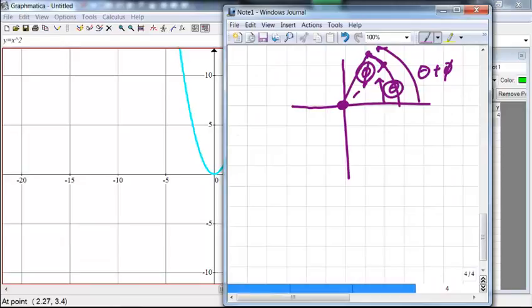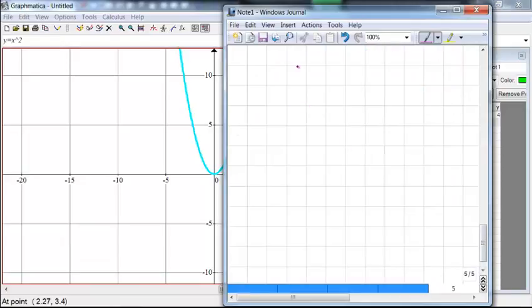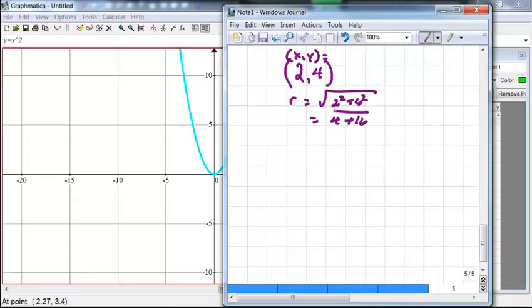If we're talking about the point 2, 4, the r there, this is of course xy, the r is the square root of 2 squared plus 4 squared. That's 4 plus 16 is 20. Square root of 20. 20 is 2 squared times 5, 4 times 5. So that's 2 square root of 5, or square root of 20.